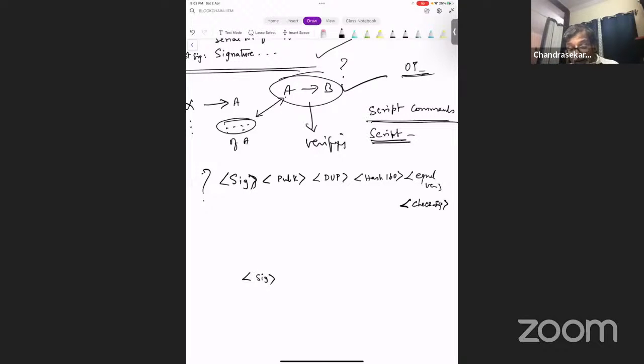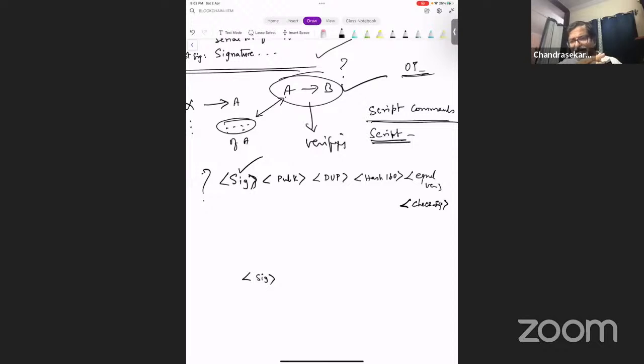So what it will do is, the value, that SIG value, will be put in the stack. This is taken care. It will form the sequence. It will combine these two, and then it will form a sequence, and it will execute that in that sequence. So it's mechanical. There is an output, there is an input. It has to match.